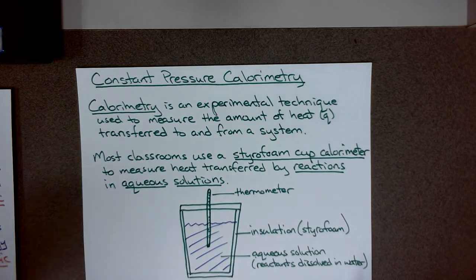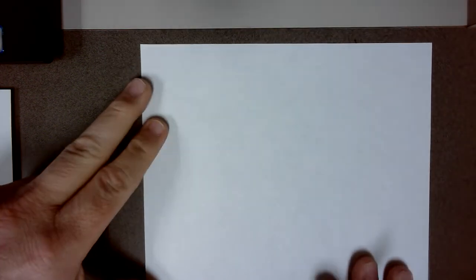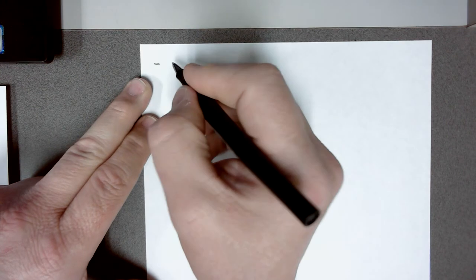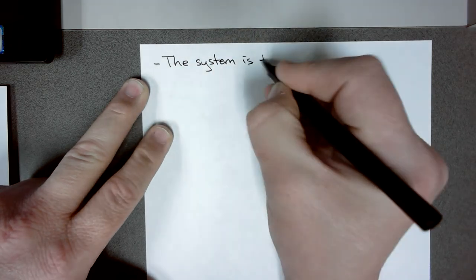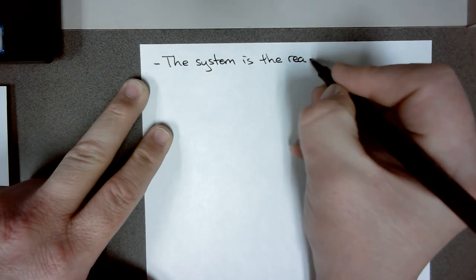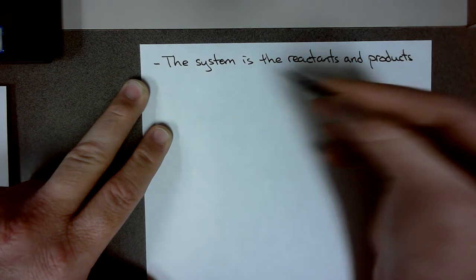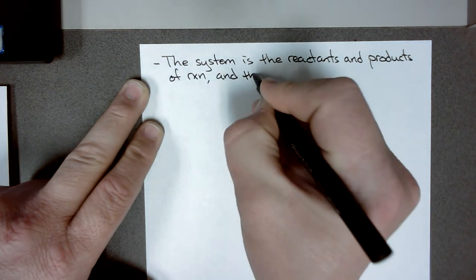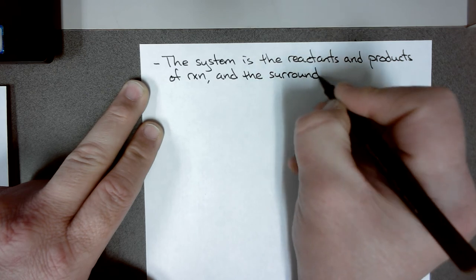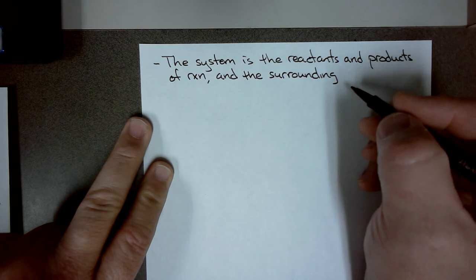Let's make a couple other statements before we look at a problem. Another statement we want to look at, to make sure we understand it, is that the system is the reactants and products of the reaction, and the surroundings that we were really measuring or looking at include the calorimeter, the thermometer, and the water in the solution.